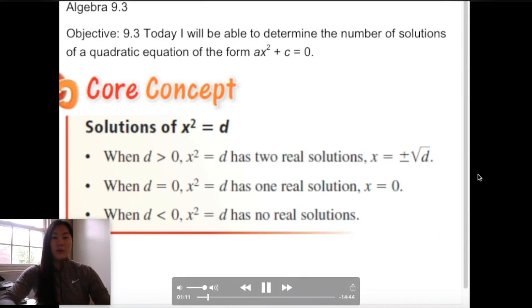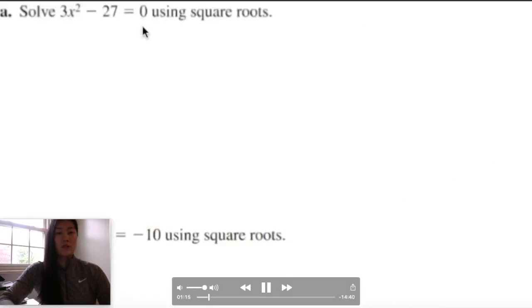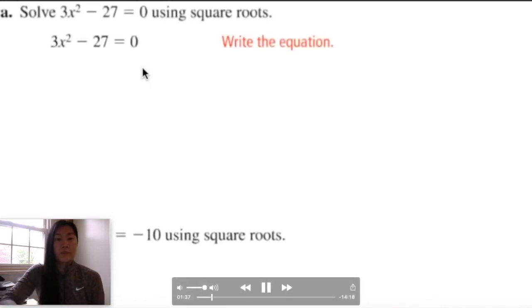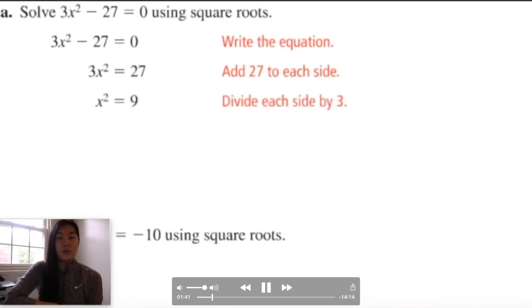Let's talk about the first type of solution. It's going to ask you to solve 3x squared minus 27 equals 0 using square roots. What we're going to do is isolate x squared. So I am going to add 27 to both sides. When I add 27 to both sides, 3x squared equals 27.